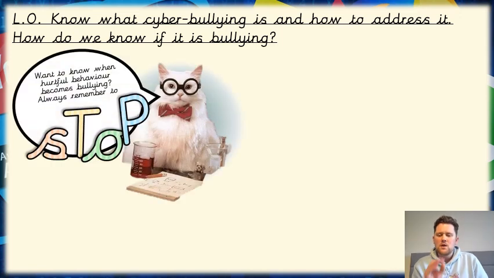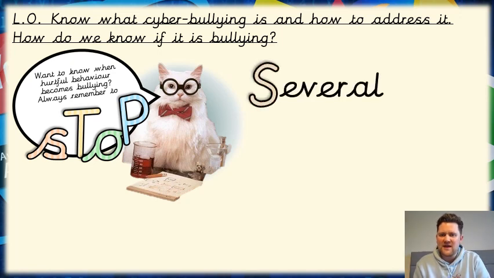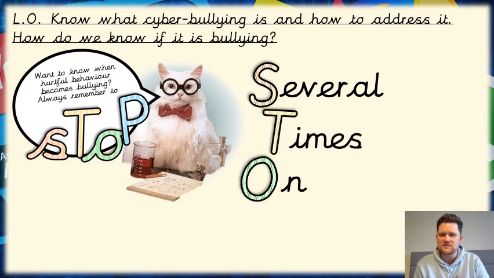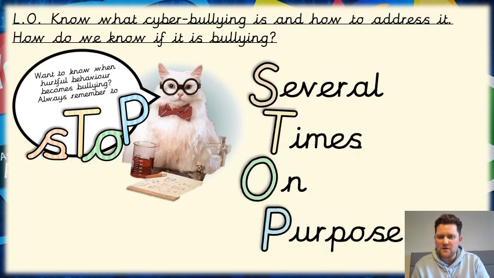So, I'm going to give you a new acronym here, and the acronym is STOP. So before you decide that something's bullying, try and stop and think. STOP stands for behaviour that is several, more than once, times, on purpose.